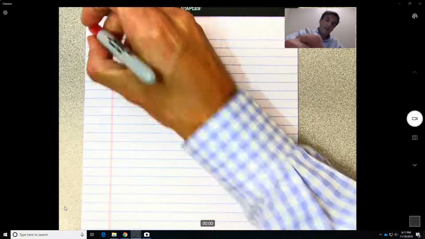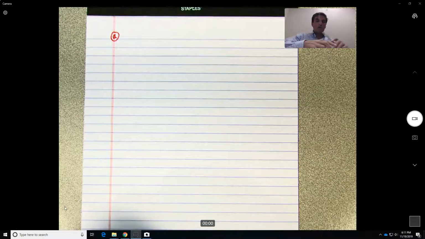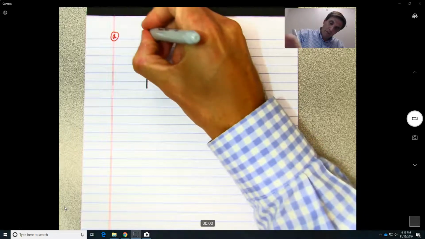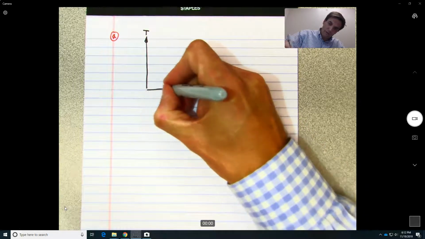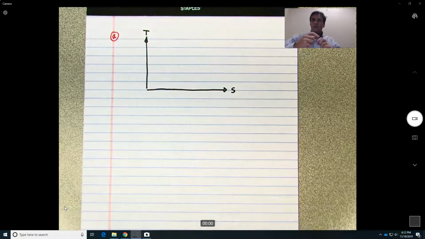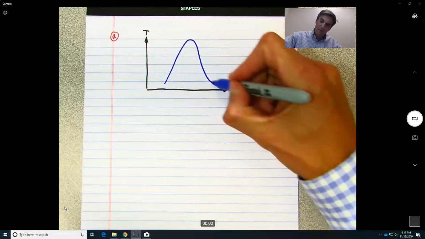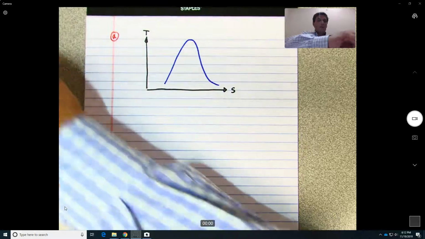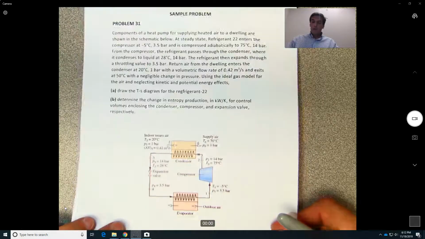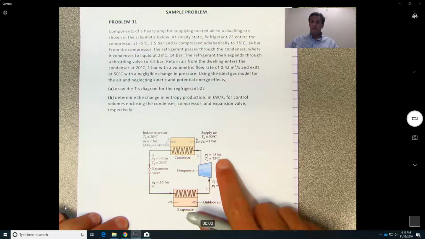All right, so let's do that first. So let's say here in part A, we're going to do the TS diagram. Okay, so just by looking at the figure here we see we have 3.5 bars, and here we have 14 bars.